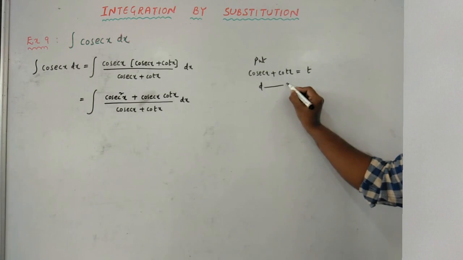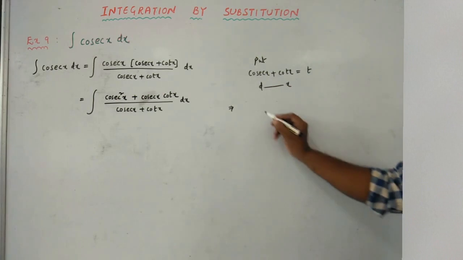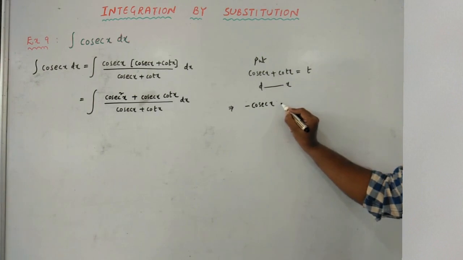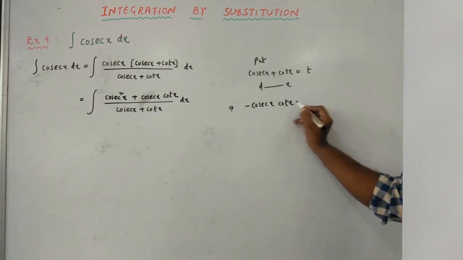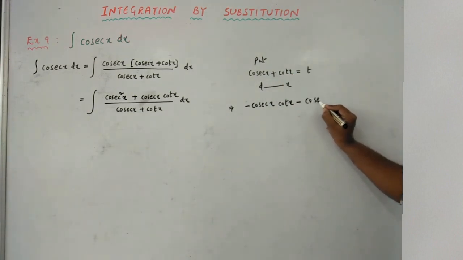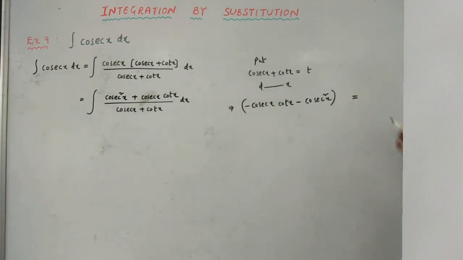Differentiate both sides with respect to x. The derivative of cosec x is minus cosec x cot x, and the derivative of cot x is minus cosecant square x, which is equal to dt by dx. Just take the minus common from these two and send it to the right side.